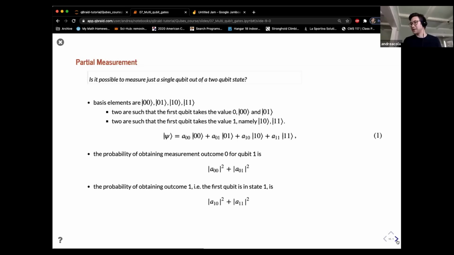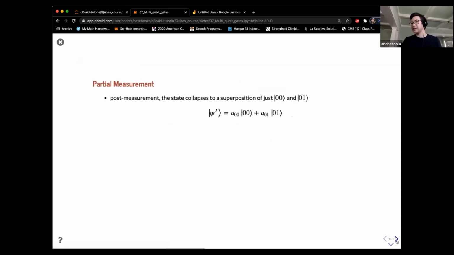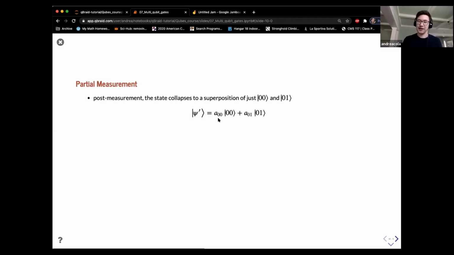Outcome 1 is this other. And the post-measurement state collapses, well, after the measurement, the state collapses to a superposition of just 0, 0, and 0, 1, if I've obtained outcome 0. Okay.